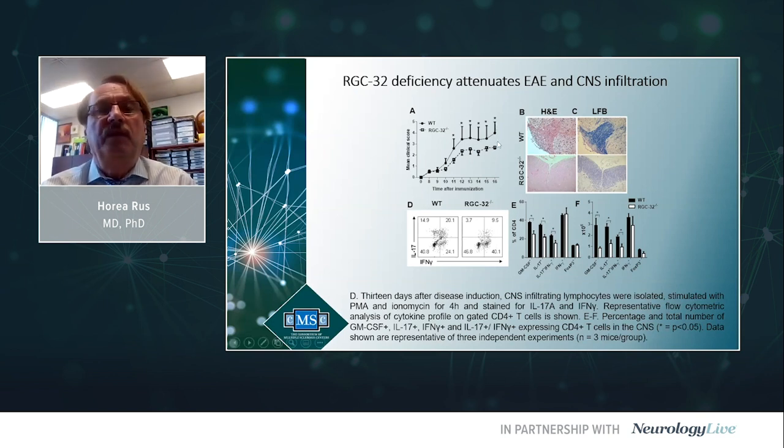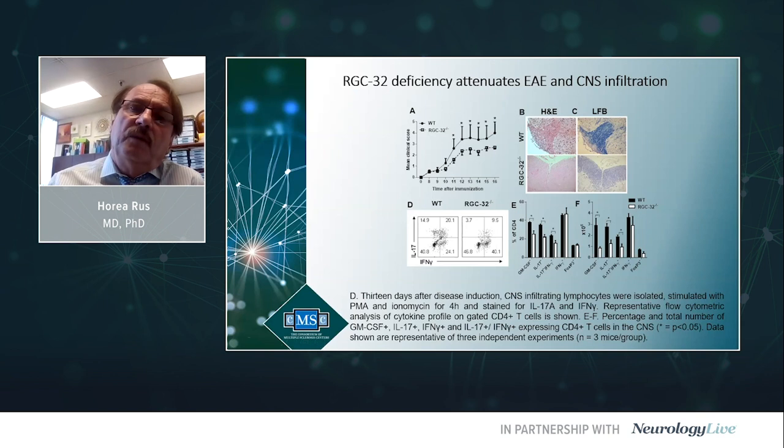Clinical scores are significantly lower in the knockout mouse compared with the normal wild type mouse, and there's also more demyelination in wild type, as you see on the LFB staining.